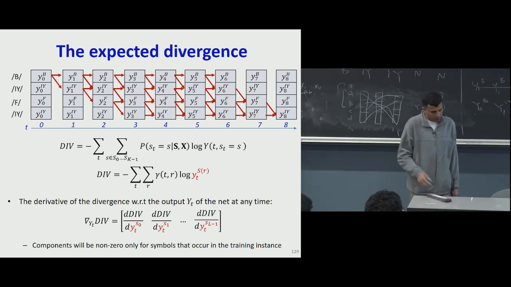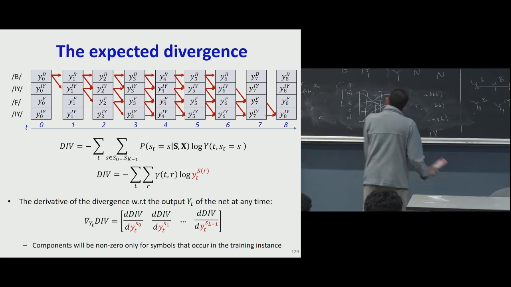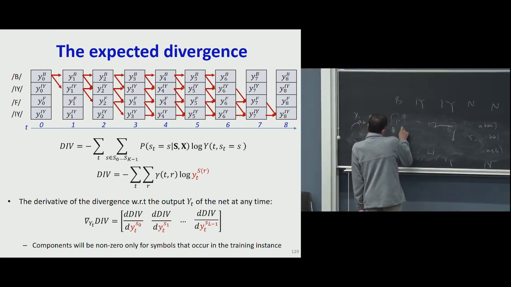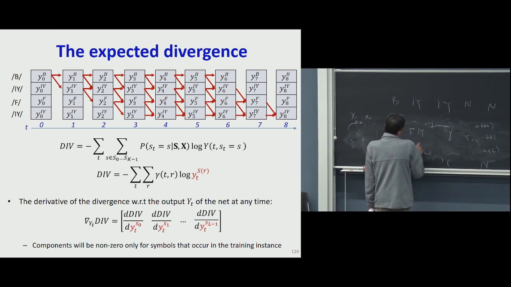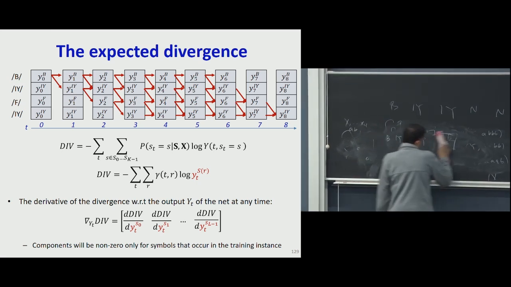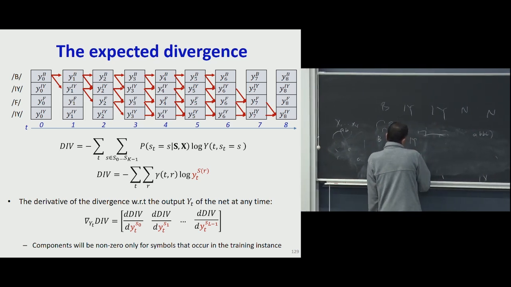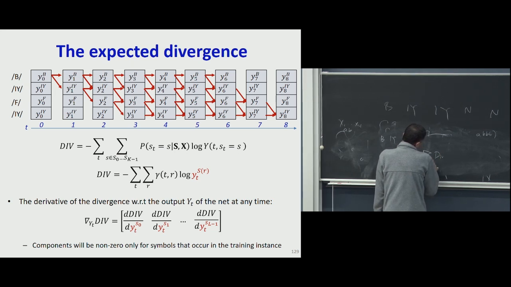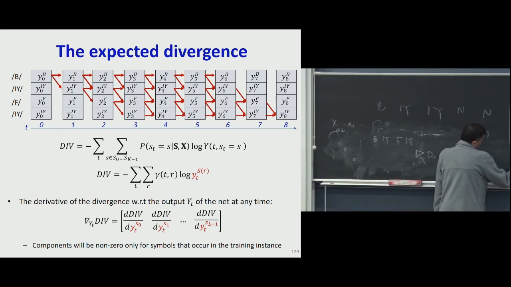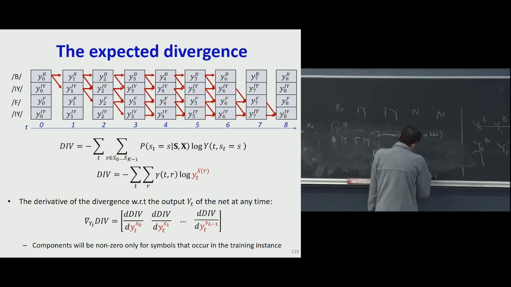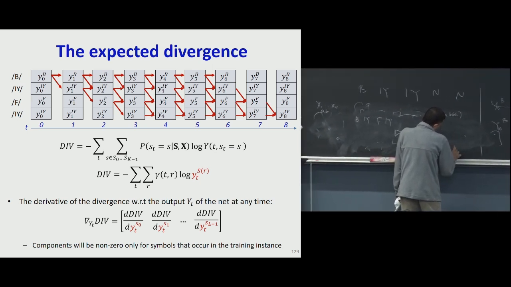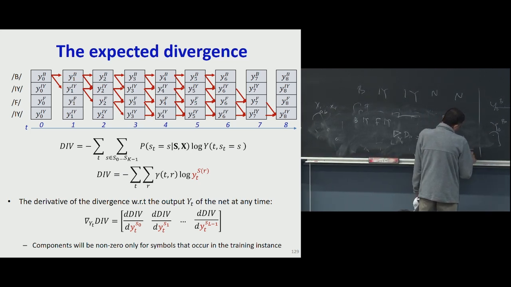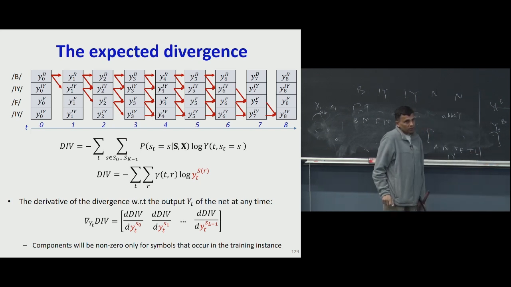So for example, if I'm looking at a phoneme sequence, the derivative of my divergence at time t is going to have this form. So let's say I have all of these phonemes: B, E, F, maybe T, L. I can have a bunch of phonemes, right?